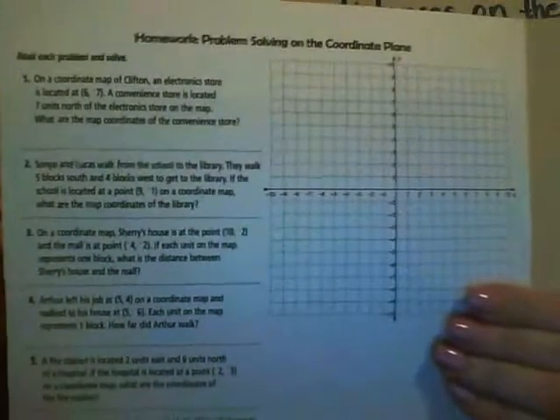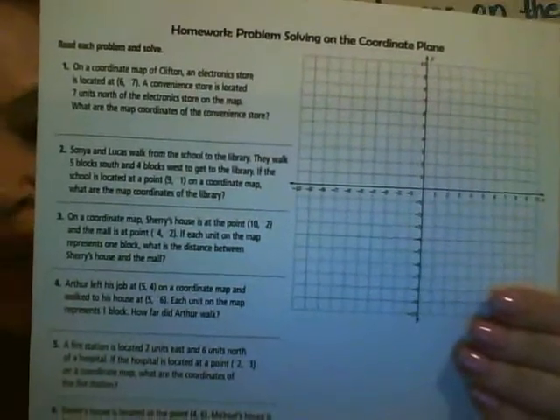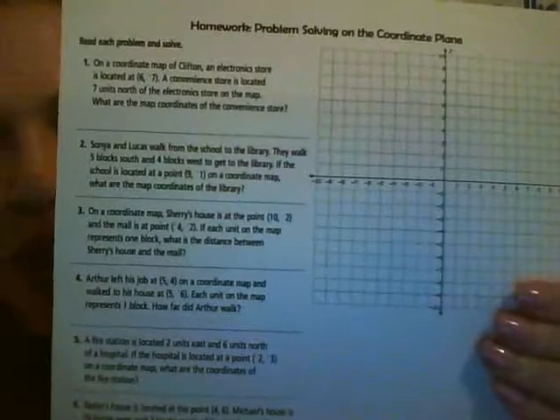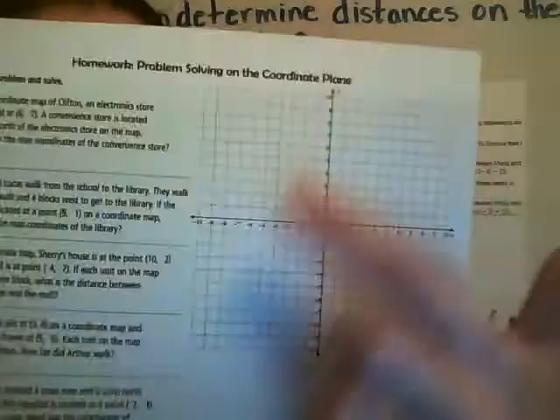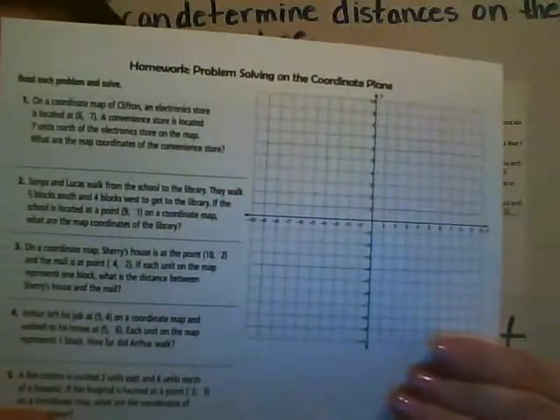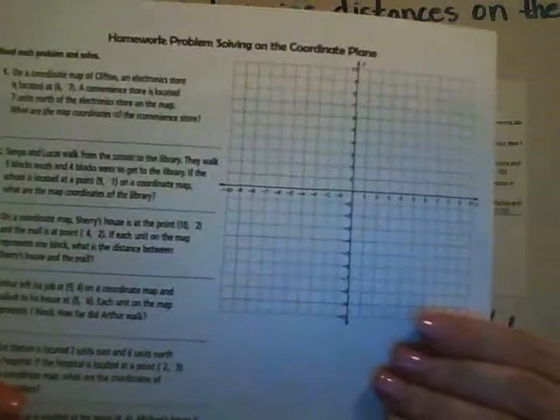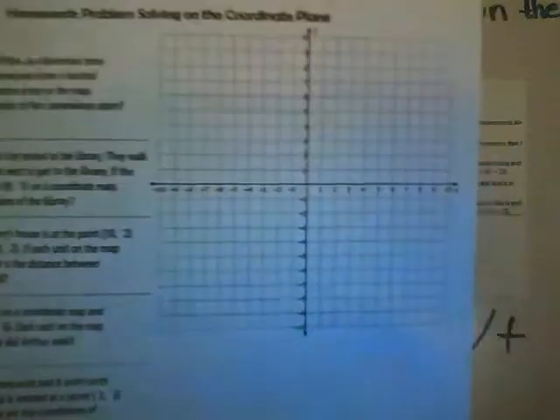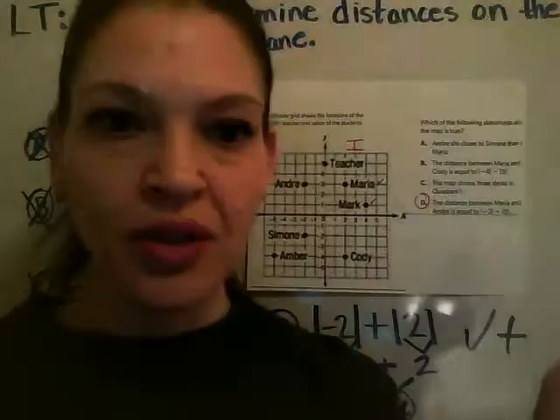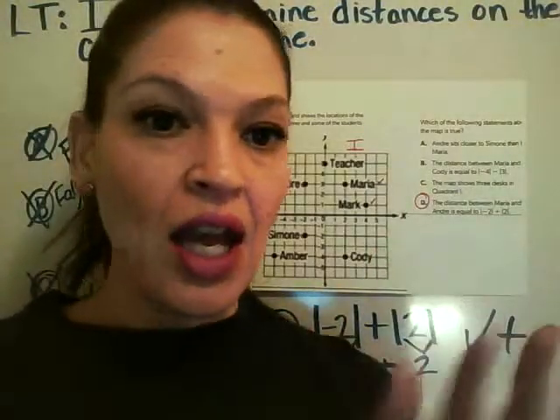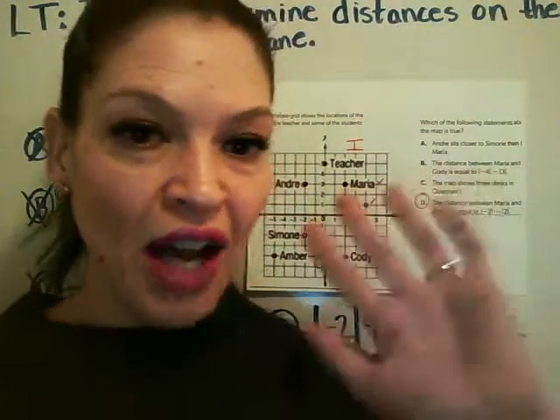You will have make-believe areas like the library, a pizza delivery place, a convenience store. And so you're going to use this grid right here to determine the distances and points that these problems are asking you to solve. So you're going to take care of that on your own, and I will see you back on Monday. We will check these answers on Monday. Okay? Have a great weekend.